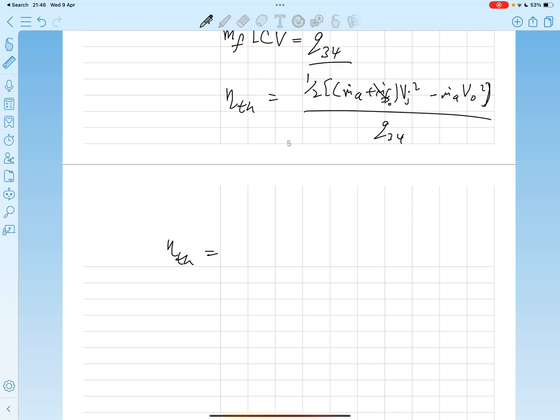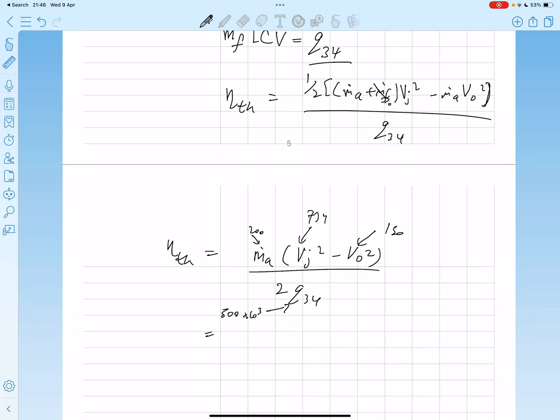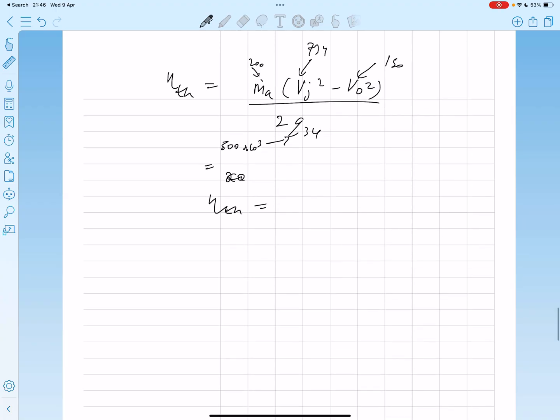Factoring out MA, putting the 2 at the bottom. So MA, VJ squared minus VO squared, 2Q34. Plug everything in. We know this is 200. This was 500 times 10 to the 3. 150, 783. So plugging everything in, we get eta TH as 0.592, which is 59.2%.